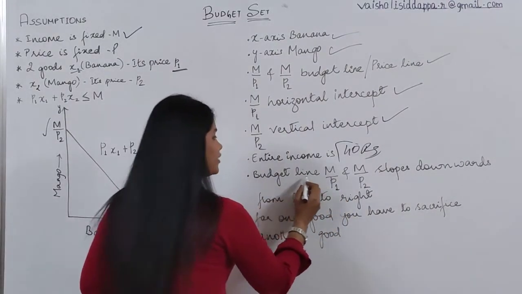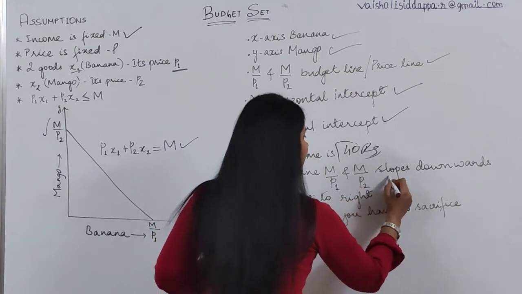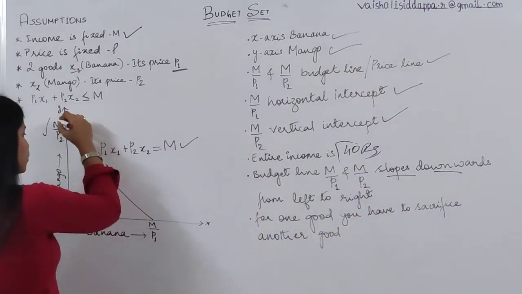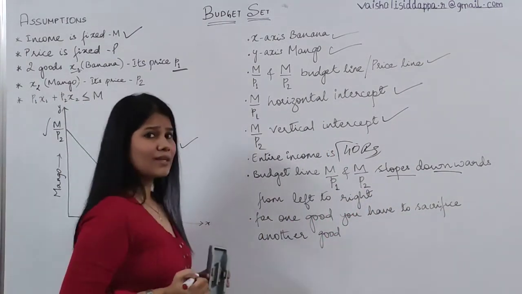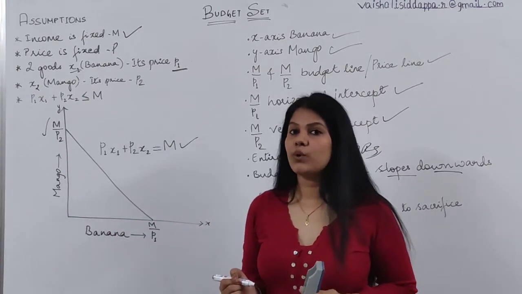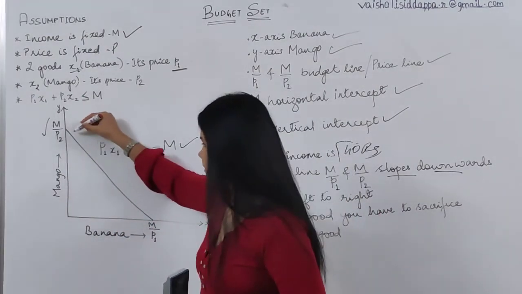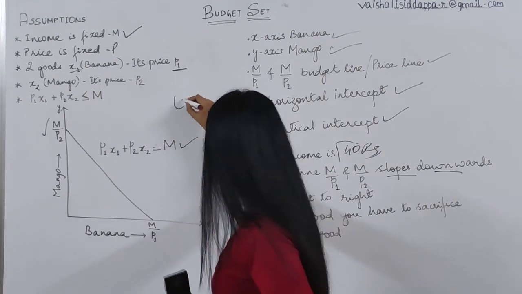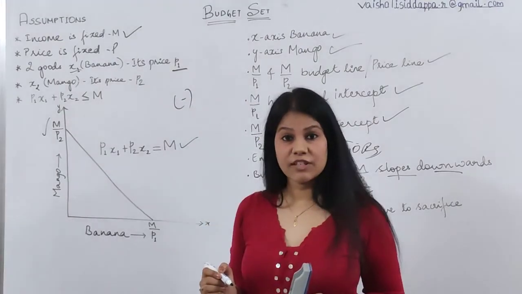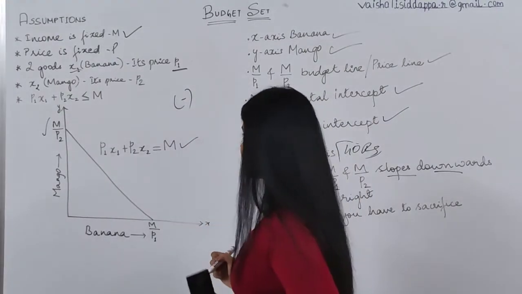Then the budget line, M by P1 and M by P2, slopes downwards. Can you see the diagram? The diagram is coming towards the downside. What is the reason behind the downward slope? Because it is a negative relationship. Why is it negative?